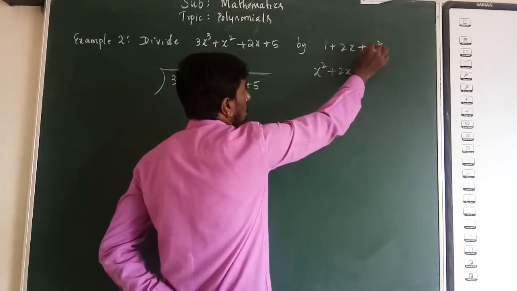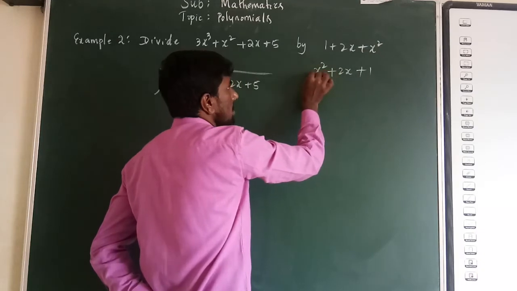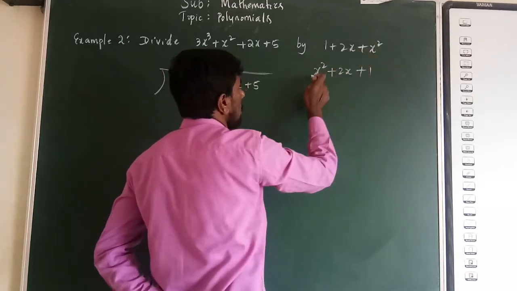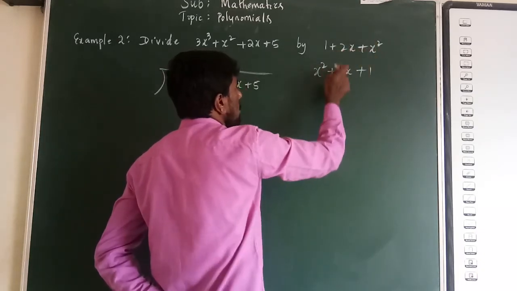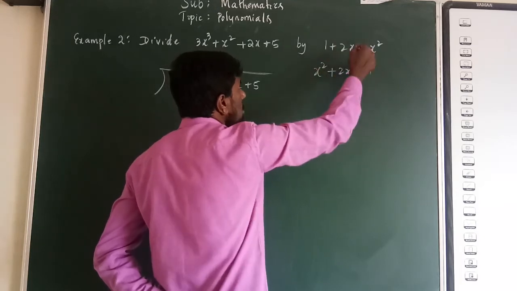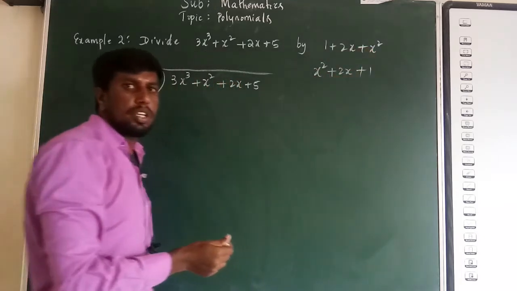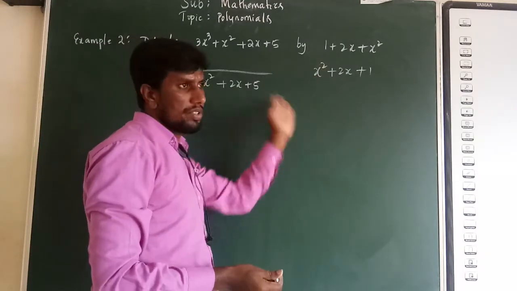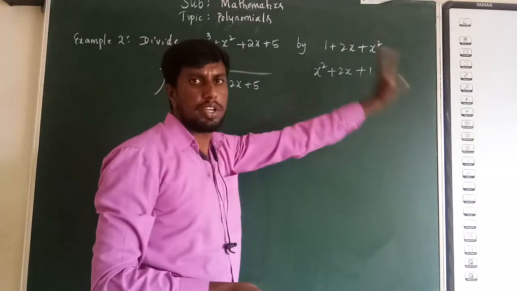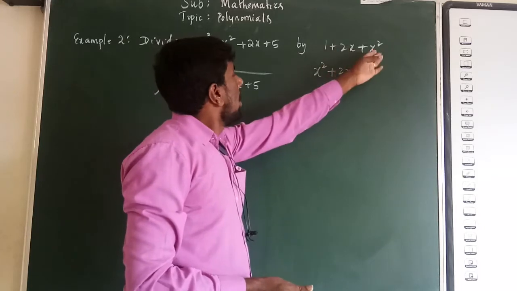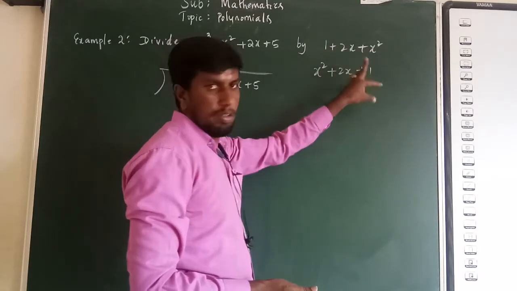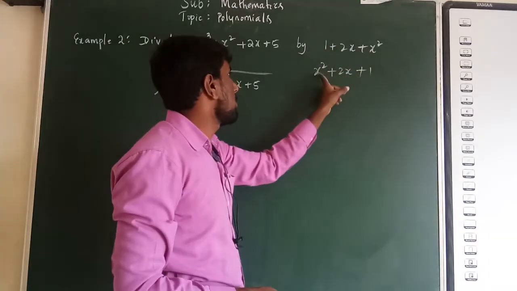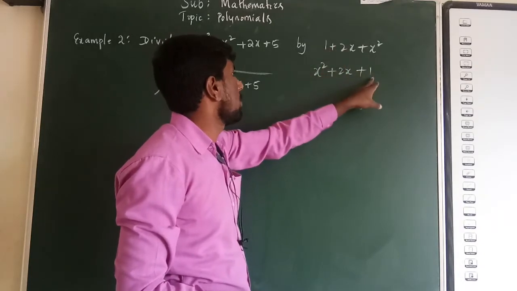I am just interchanging the terms. The sign is not going to change, because I am not sending a term from LHS to RHS. Since it is a polynomial, I can interchange the terms with the same sign.